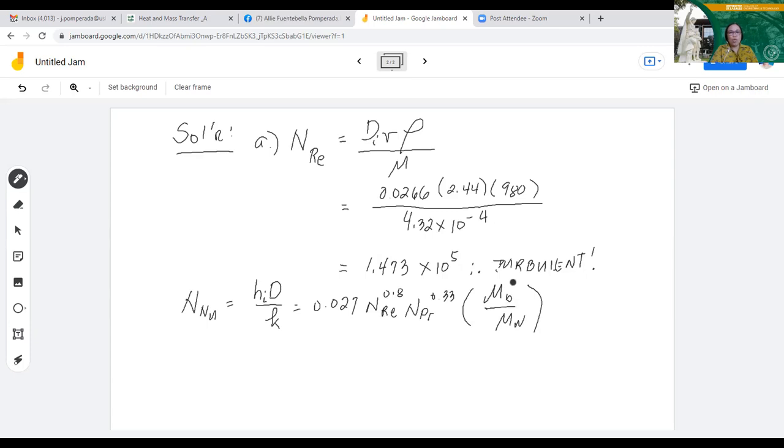This is the viscosity of the water, the bulk viscosity of the flowing fluid. And this is the viscosity based on the wall temperature. Now, the diameter is still the inside diameter of the pipe. And the thermal conductivity is the thermal conductivity constant that I have underlined in the table that was shown to you. So from this dimensionless number, the Nusselt number, we will be able to find the h sub i. And I'd like to write here the corresponding formula for it. So we have this one.